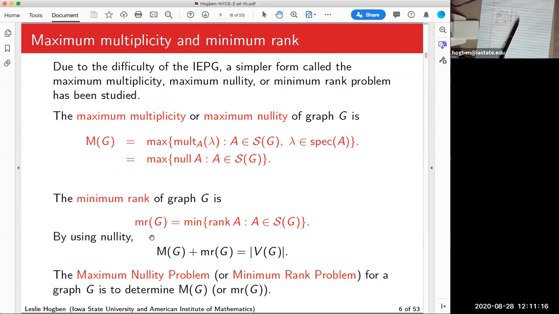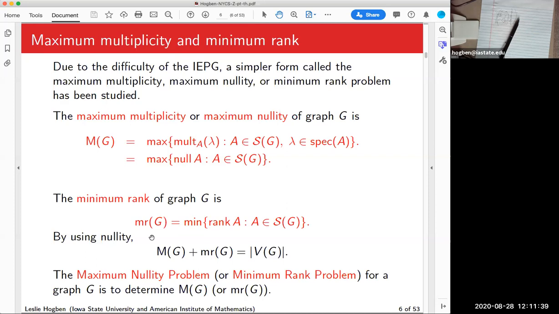So here we have the definitions of maximum nullity and minimum rank. The inverse eigenvalue problem is so challenging that typically it has been approached by subproblems, such as finding the maximum multiplicity rather than trying to find the entire spectra.